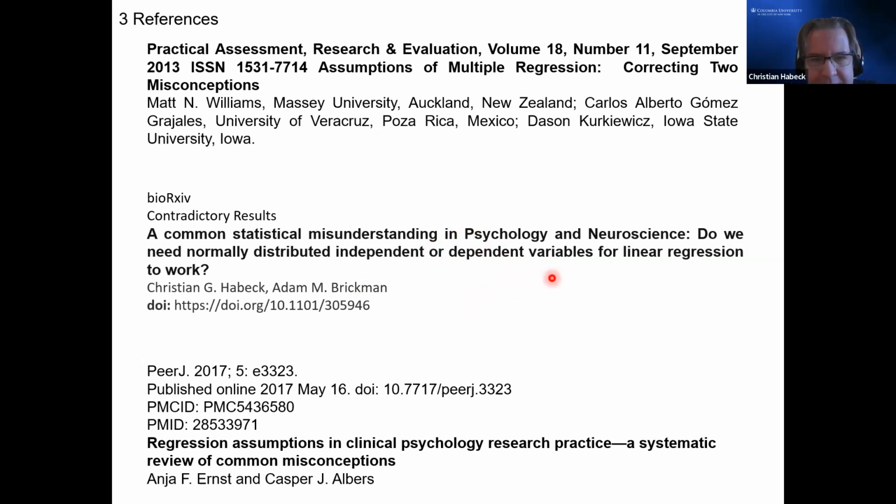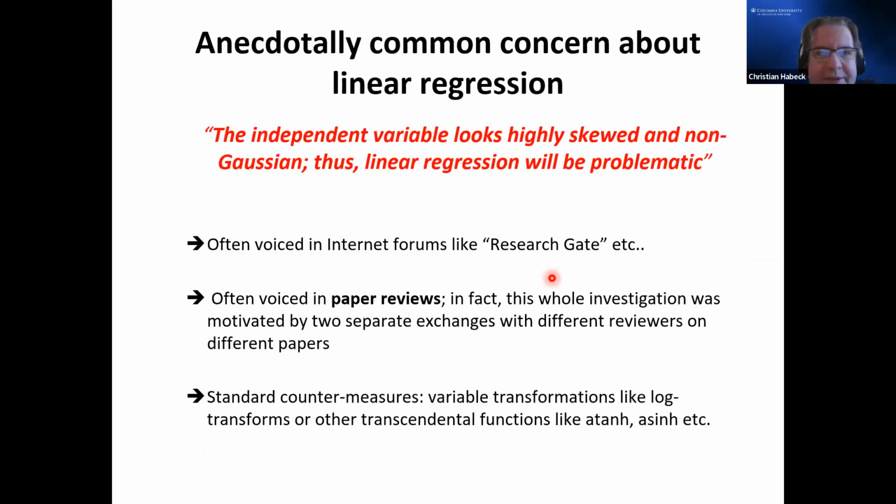But I want to at least convince you that, maybe you're all psychometrically astute and wouldn't make this fallacy, I have personally heard it quite a few times. I've seen it on internet forums like ResearchGate, and in paper reviews. What often happens is when variables are not normally distributed, people will advocate all kinds of variable transformations.